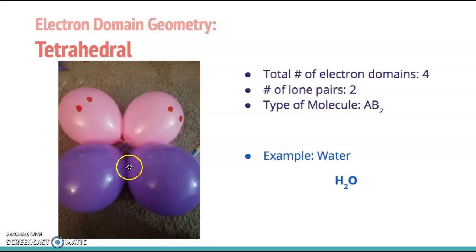So these 2 purple balloons, for example, would represent the B subscript 2. An example of a tetrahedral shape with 2 lone pairs is H2O, so it's water. We would have oxygen in the middle here, 2 hydrogen atoms here, and then 2 lone pairs of electrons up top here.